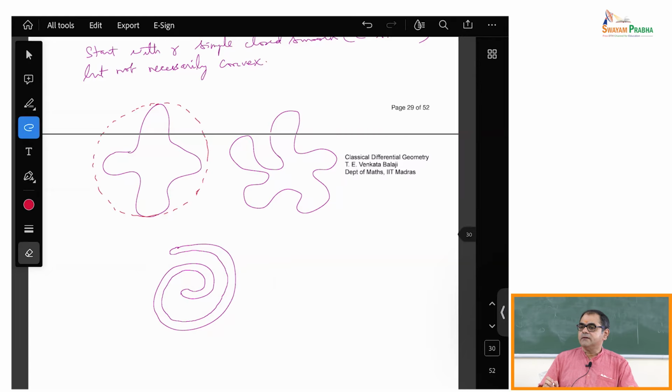Similarly, maybe in this case also you'll get a circle like this, and maybe here I'll get a circle like this.